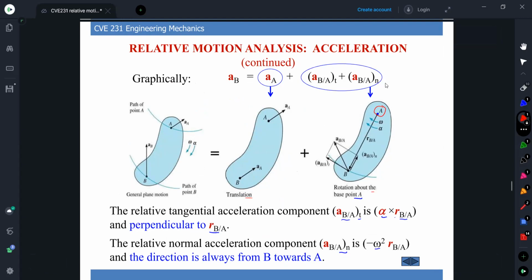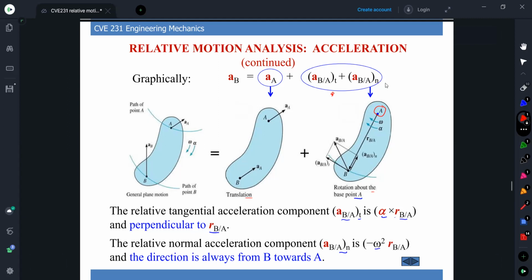Then it is a combination of translation, where the acceleration of point B is equal to the acceleration of point A, combined with the rotation about point A, which is composed of the acceleration in tangential and normal directions, as we studied from the case of rotation about a fixed axis.